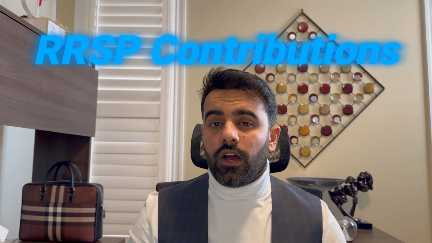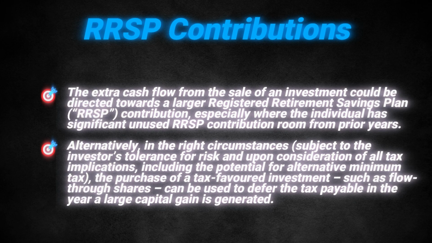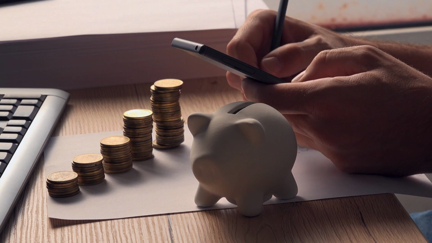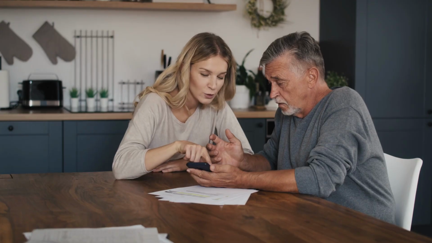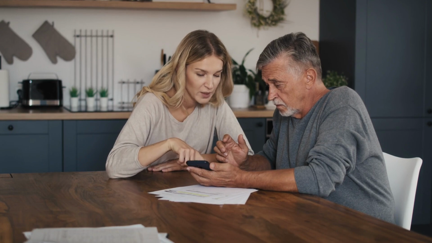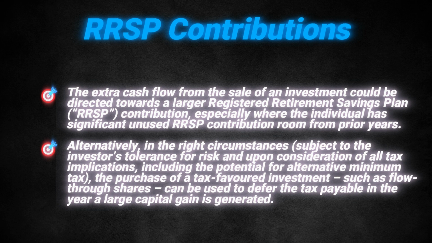Strategy number 2 is talking about RRSP contributions. Well, a lot of the time people don't max out their RRSP contribution for the year. The max limit right now is $31,000, but let's assume you haven't ever contributed to RRSP, it keeps on growing and piling up. So my suggestion is, whenever you have a large capital gain in a year, you can max out the RRSP.